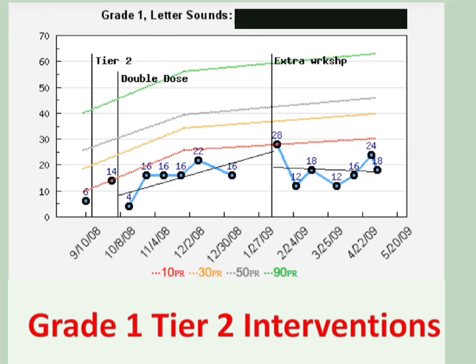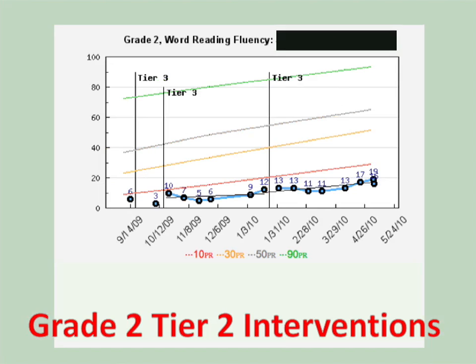And now we're on to the next slide. Now look what happens in second grade. In second grade, even though he didn't make much progress in those Tier 2 interventions in all of first grade, look at the dates. We provide a second year of Tier 2 interventions in English, and that red line, again, the 10th percentile, and we note that he did not make very good progress in second grade in the interventions that were provided for literacy.